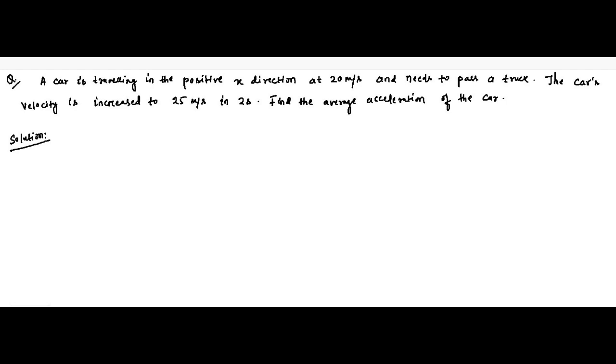So first, the basic formula of average acceleration. It is final velocity minus initial velocity divided by the time interval, that is final time minus initial time. Change in velocity divided by change in time, the time duration.